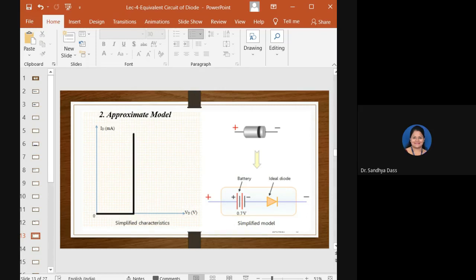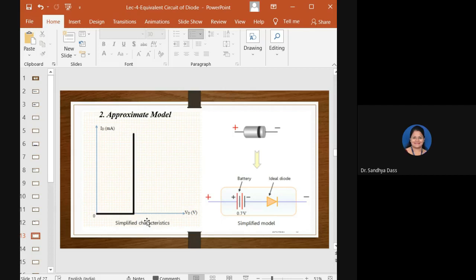So what is it? Observe here. The equivalent model using this approximate model consists of a battery and an ideal diode, as you can observe on the figure. Consider the horizontal line from 0 to 0.7.